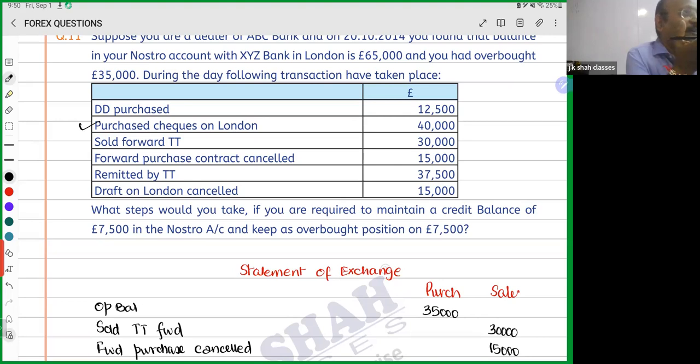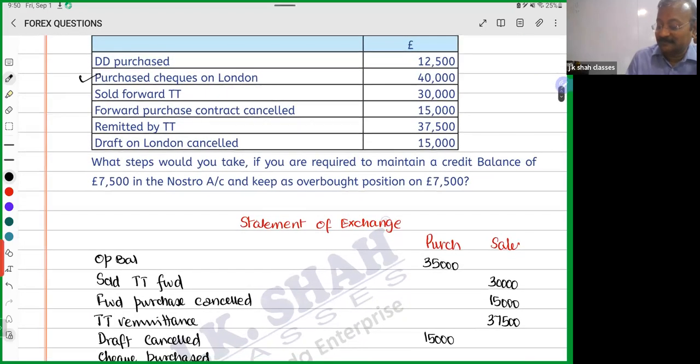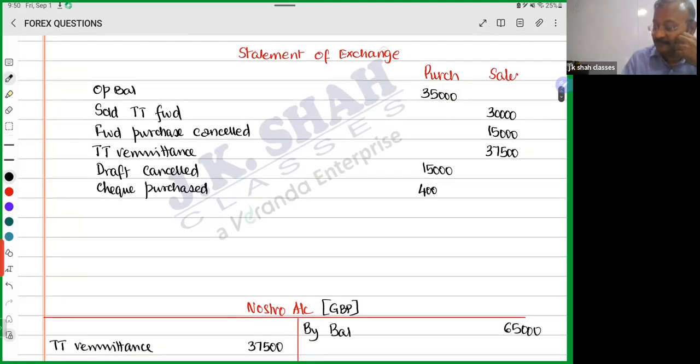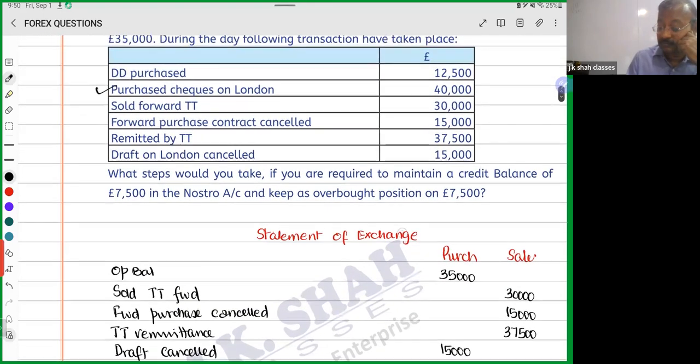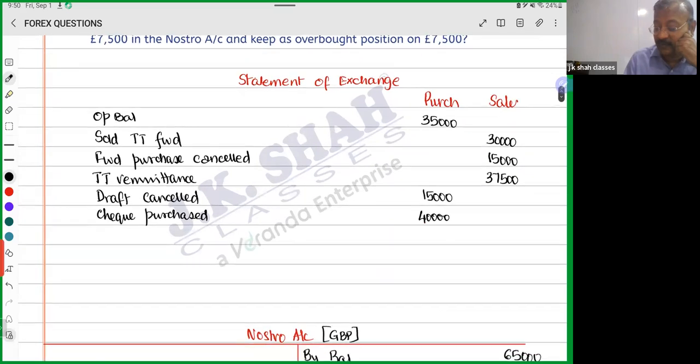And instead of buying a bill of exchange, you purchase checks, which banks purchase. So check purchase is nothing but a bill purchase. So check purchased, only this entry will come here, 40,000. So TT forward, okay here, yes sorry, DD purchased.